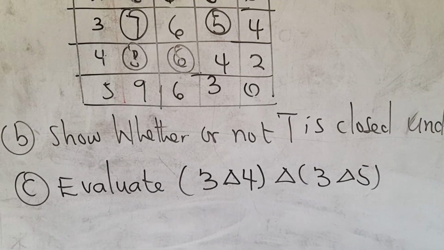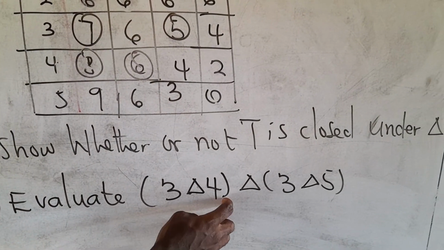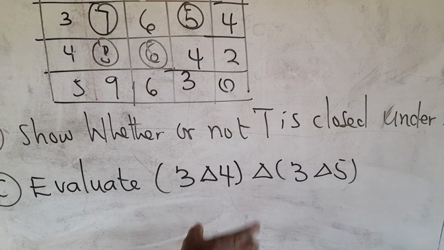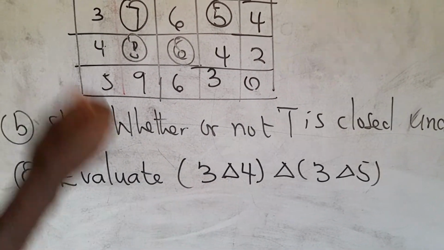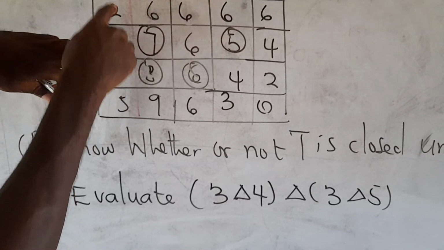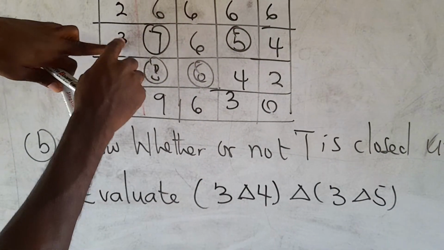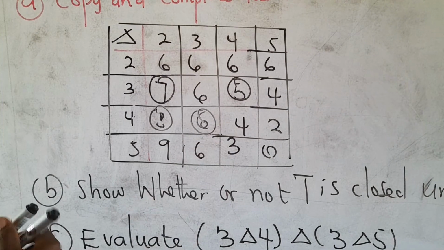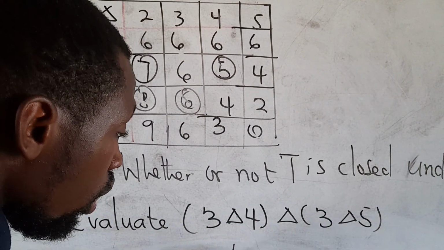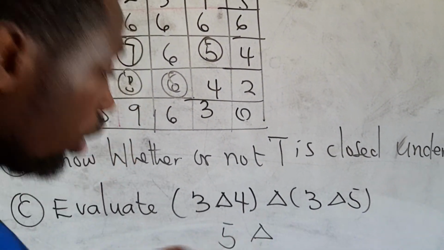So the last thing is that we should evaluate (3 delta 4) delta (3 delta 5). So we are just going to use the table to evaluate that. 3 delta 4 is 5. You can see that. We say 3 delta 4 is 5. Delta.